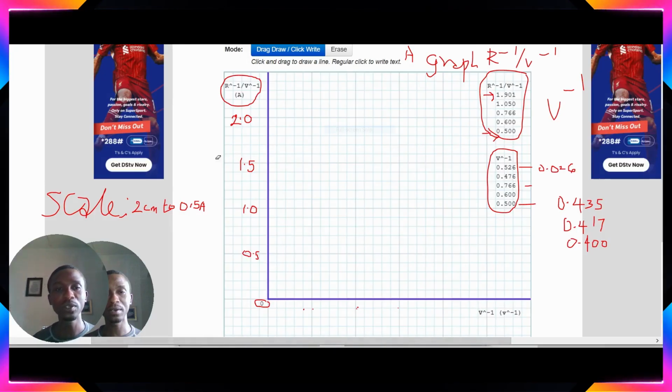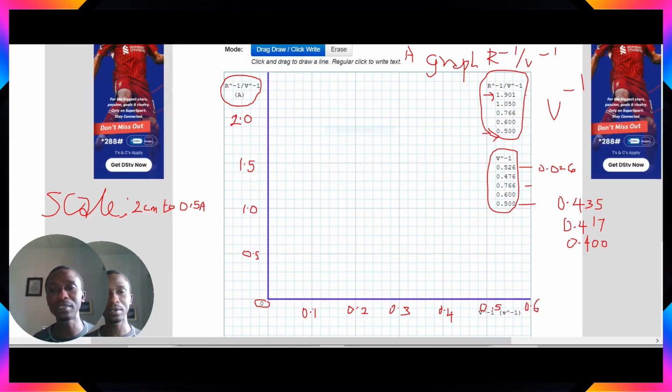So we use 0.1 to represent 0.1 on the horizontal axis. So here will be 0.1, here is 0.2, here is 0.3, here is 0.4, then here is 0.5, and finally we have 0.6.